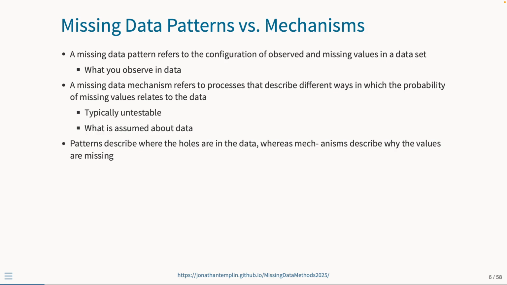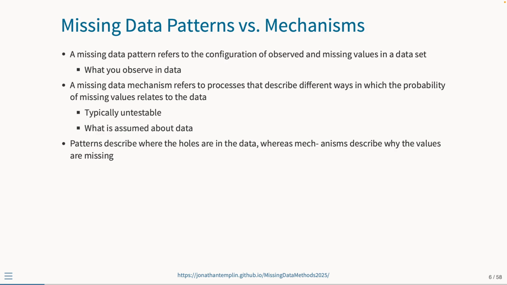You'll note that most of these assumptions are untestable. I think the exception is missing completely at random. The missing completely at random test, I don't know anybody who ever uses it. I'm sure it is used here or there, but practically speaking, it usually isn't. But missing data mechanisms also tell us what's assumed about the data itself.